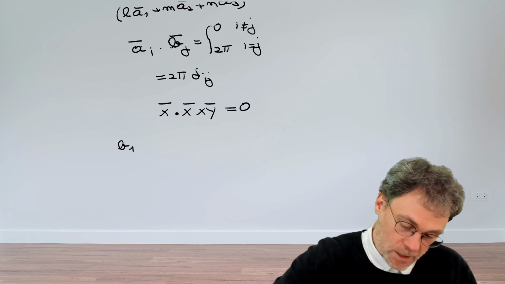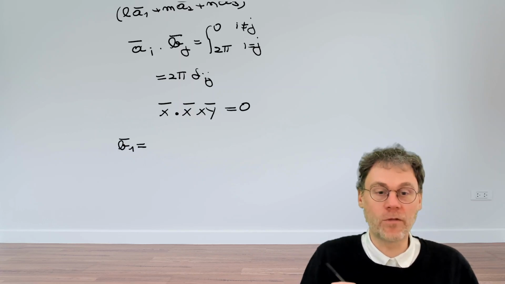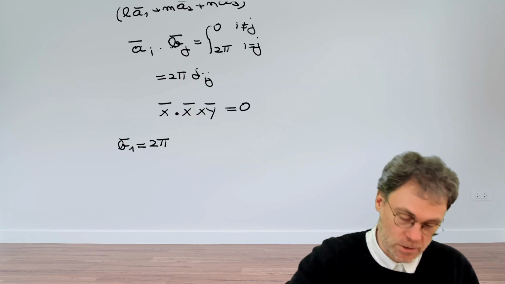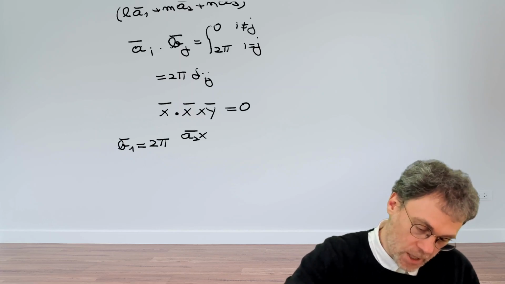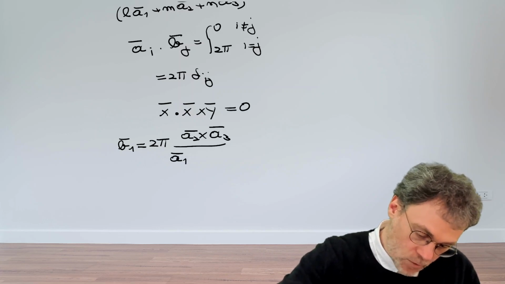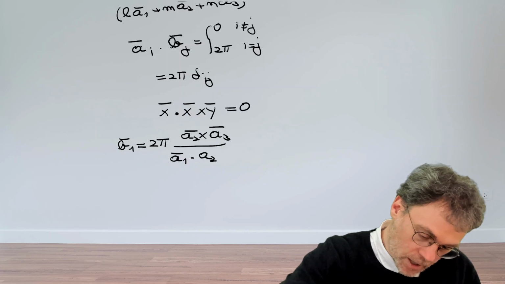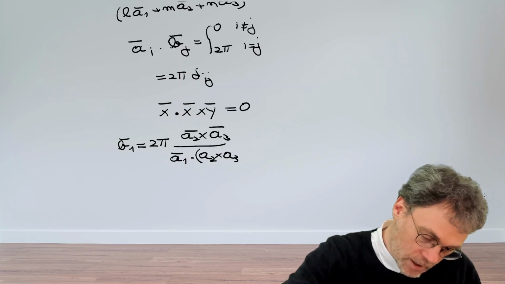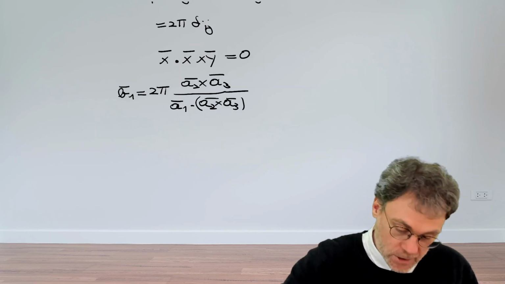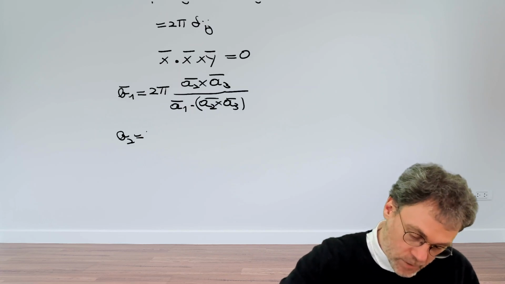Let's see what happens if we define B1 as 2 pi times the cross product A2, A3, divided by the triple product A1, A2, A3. And then we define something similar for B2 and B3.